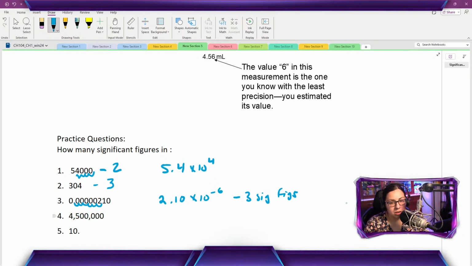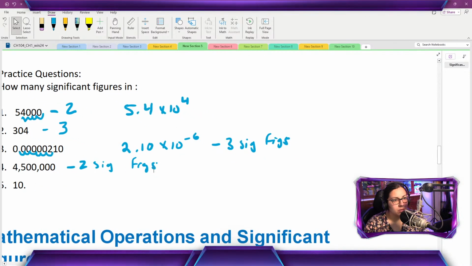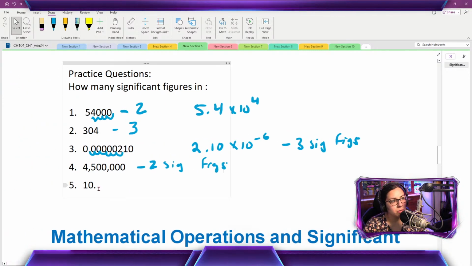So now looking at number 4, and we could rewrite it. So this is only 2 sig figs. And then what about this last one? This one's actually a little tricky. And let's zoom in so we can look at it because I don't want people to miss it, right?